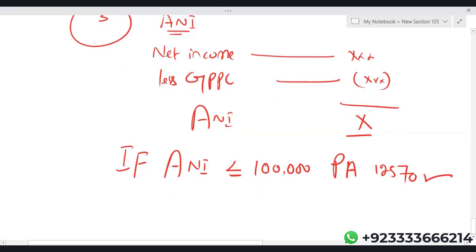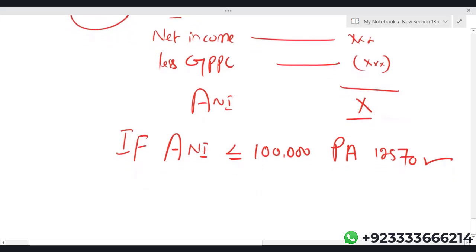Any individual having adjusted net income less than or equal to 100,000 will get the entire personal allowance, which is 12,570. If adjusted net income exceeds 1 lakh, then the personal allowance will reduce.